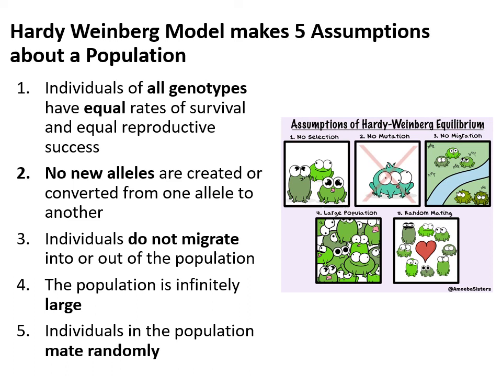Maybe it was too small of a population, or maybe there was not random mating. Okay, because if the observed and the expected are different, it tells you one or more of the assumptions on this page are being broken. Okay, meaning that they're not happening.